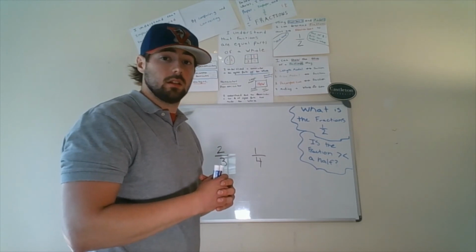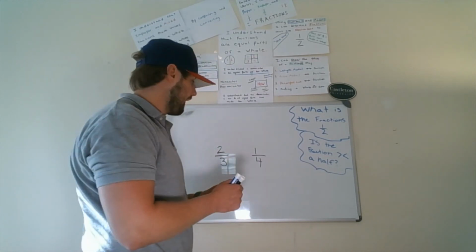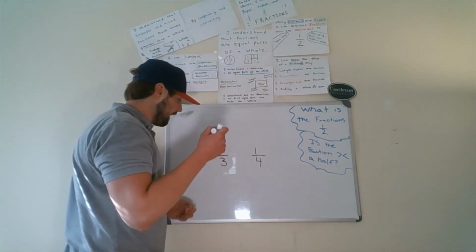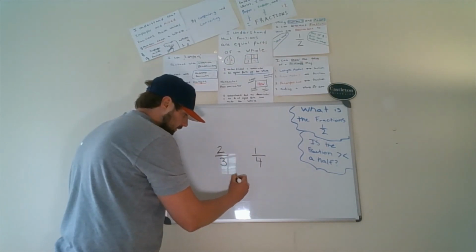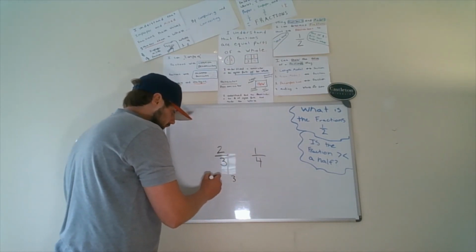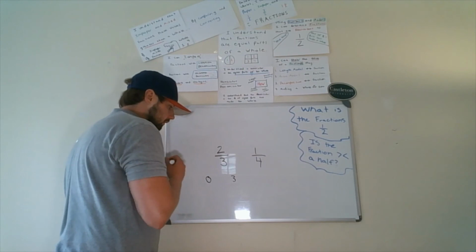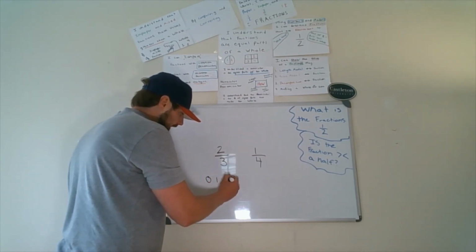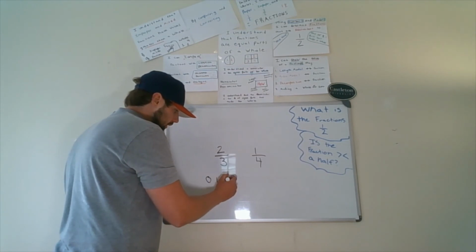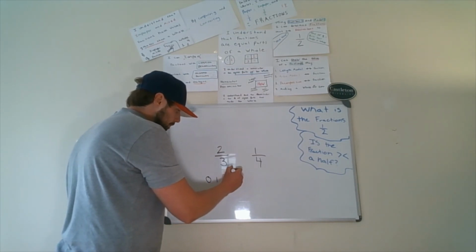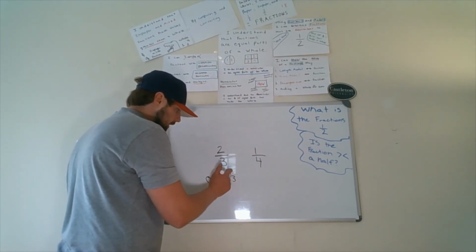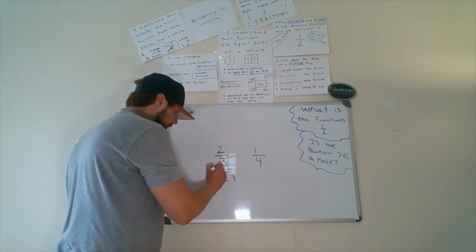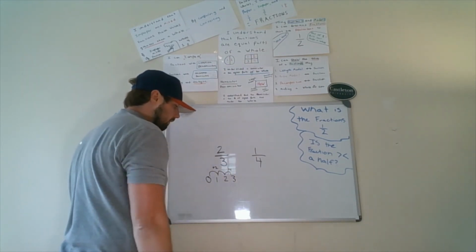That means we do not have an exact half. Let's take a look again. 3 parts make that whole. 0, starting at nothing. There is no exact half. 2/3 is 1 part away from 3. It is 2 parts away from 0.